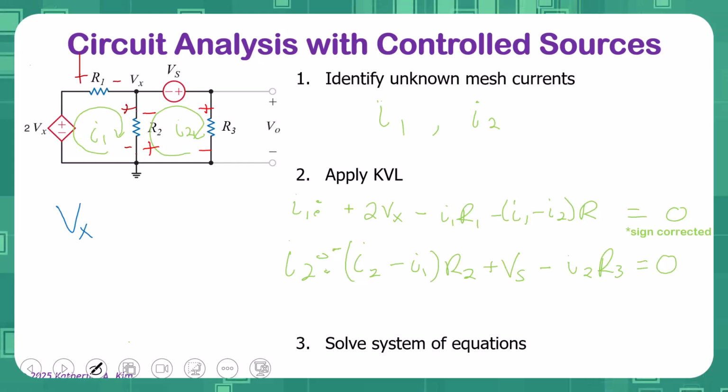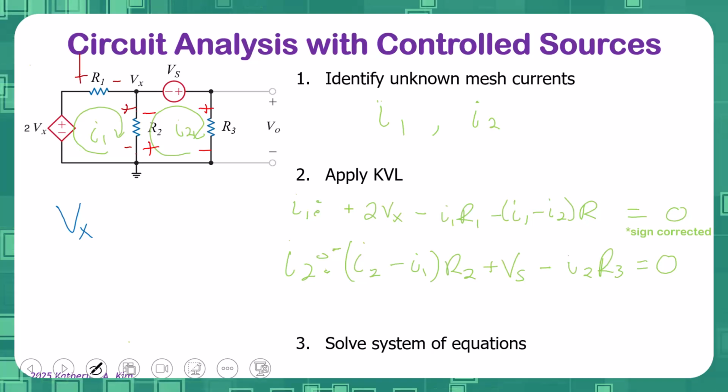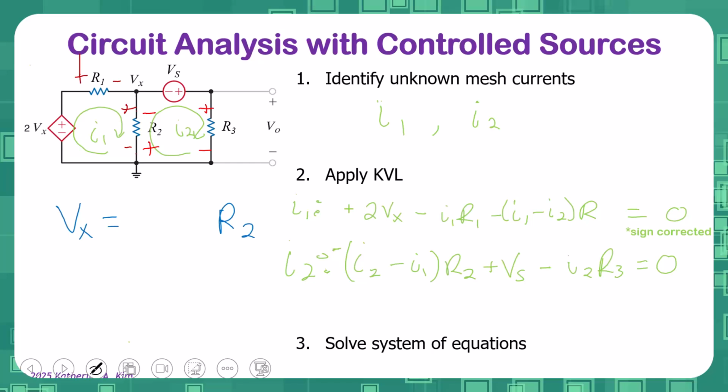Okay, so we know that we can use Ohm's law here to get the value. So we know that Vx is equal to, V equals the current through the resistor R2, and that will give us relative to 0, and that will give us our value.